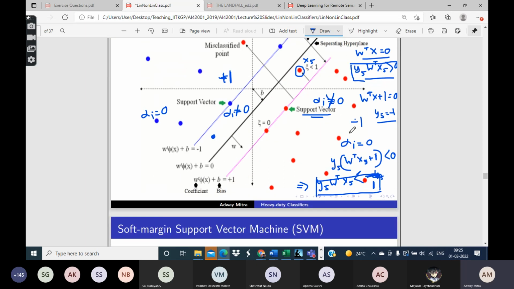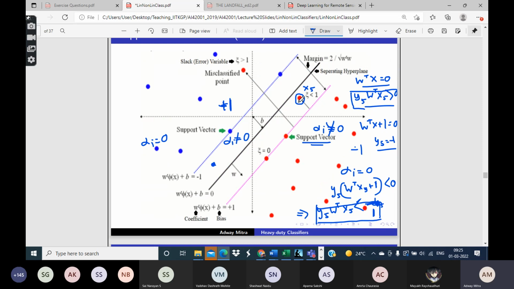On the other hand, it is less than 1 because it is misclassified by this marginal classifier. Correct? The similar story for this one also. You can just verify. So there are some points like this which are correctly classified by the optimal classifier but misclassified by the marginal classifier.